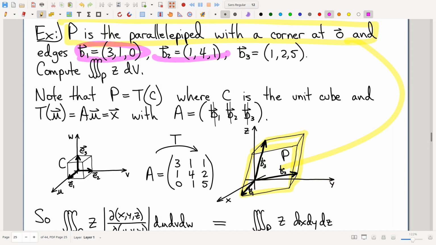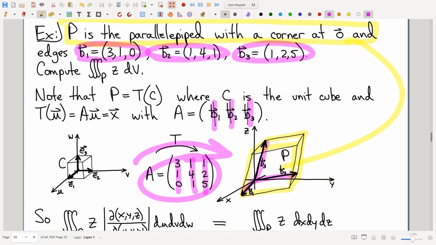The edges that you're given. Keep in mind, if you want to describe a parallelepiped, the edges are the easiest way to describe it. Take those edges, make those the columns of a matrix, and let that matrix represent your change of variables function.